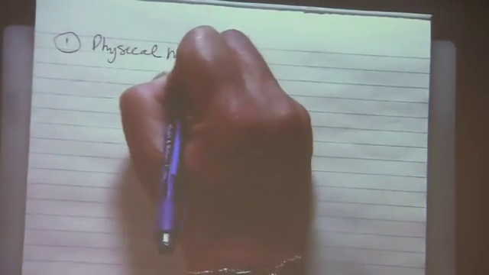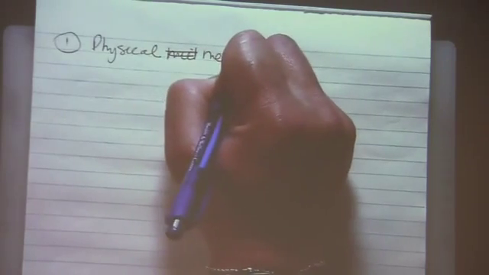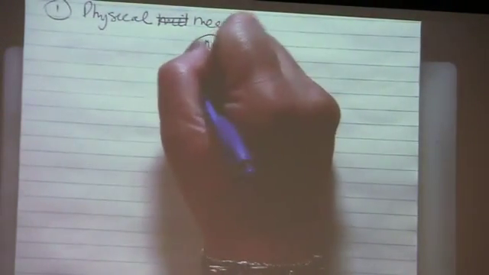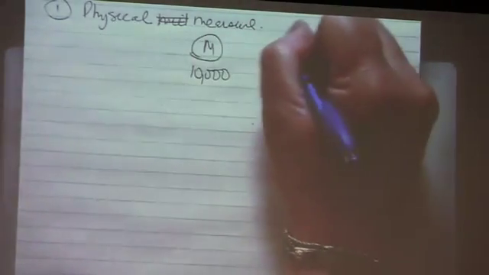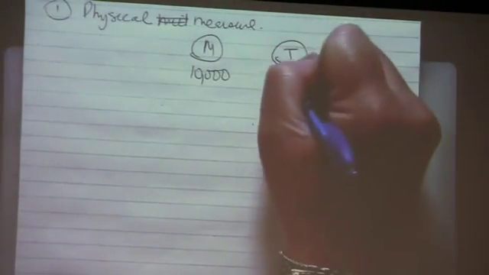So in the first method, the physical measure is a way to allocate the joint cost. How do we do that? Well, we know that methanol has 10,000 liters and turpentine has 30,000 liters.